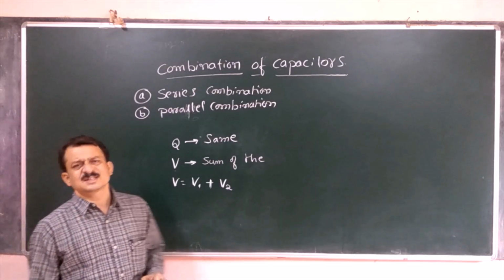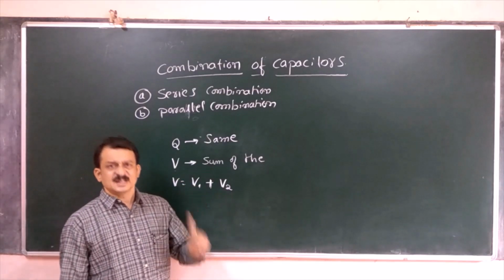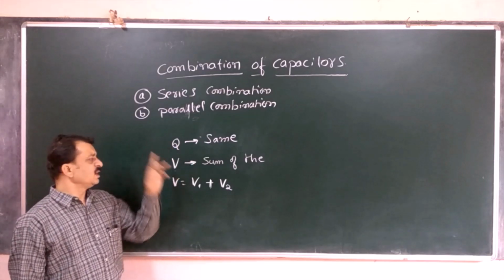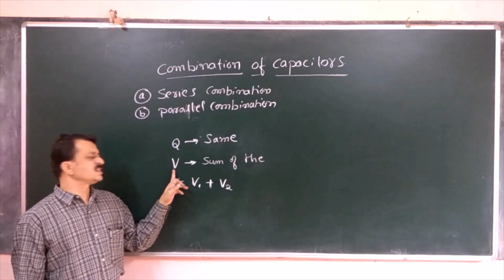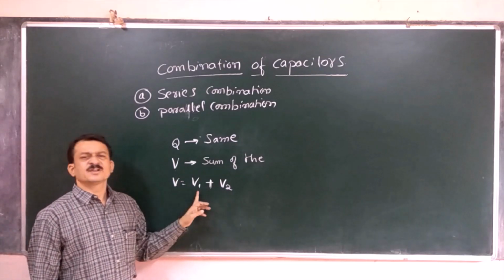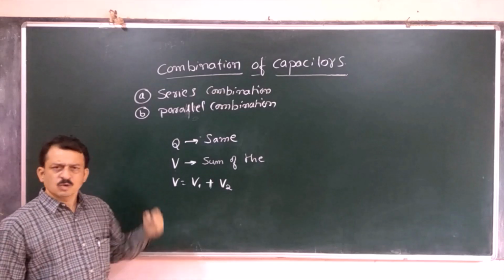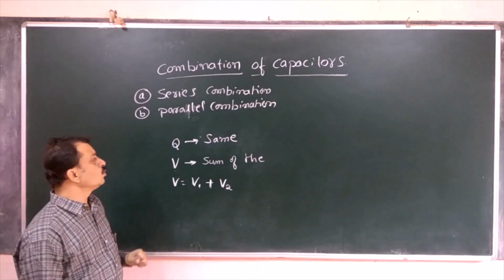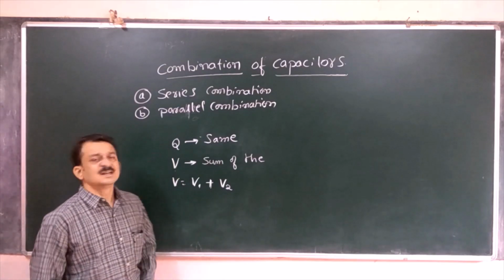Two capacitors are said to be in series if they are connected end to end such that the charge on each capacitor is the same and the applied potential difference or voltage is equal to the sum of the potential differences across the individual capacitors. Now we are going to obtain the expression for the equivalent or effective capacitance when two capacitors are connected in series combination.